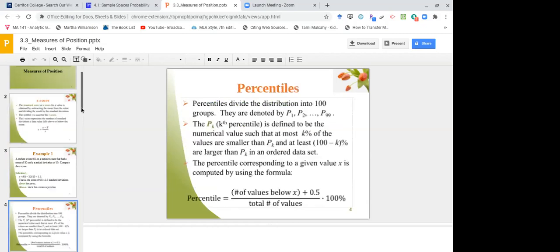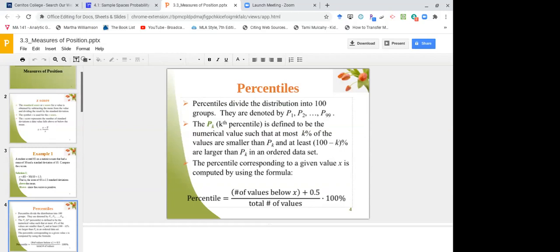Another measure of position that you're going to be talking about is percentiles. And you hear a lot about percentiles on tests like the SAT or the PSAT. You'll talk about a student scored at this percentile. This is a measure of your position relative to everyone else in a distribution.